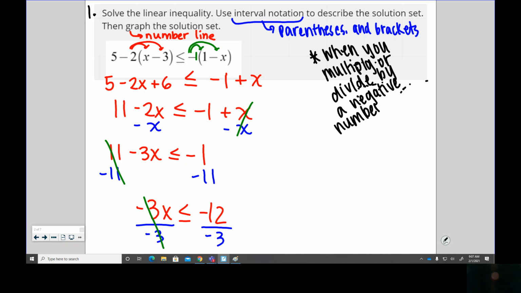Yes, it flips. So when you multiply or divide by a negative number, you must flip the inequality.